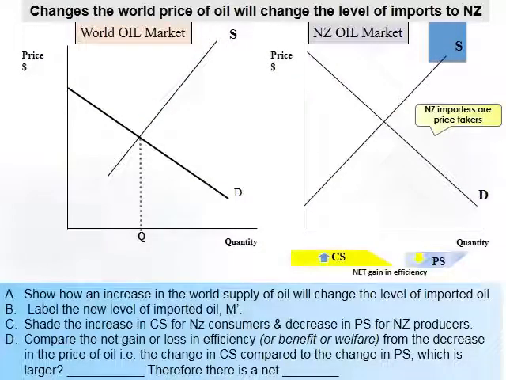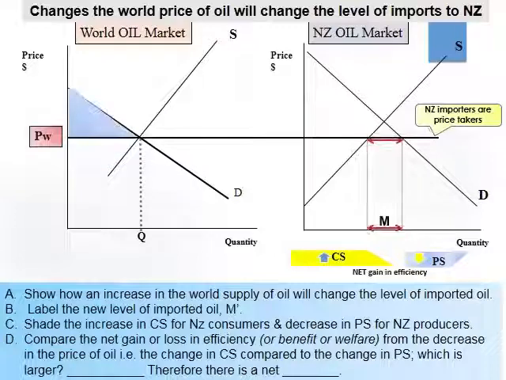This slide looks at the example of New Zealand as an importer, and New Zealand finds itself in the same situation. As soon as it decides to buy from the world, it becomes a price taker. So if the price is PW set in the world market, New Zealand will take that price in New Zealand. New Zealand importers are price takers. They have no control over that price.